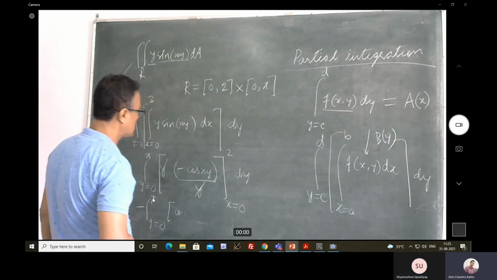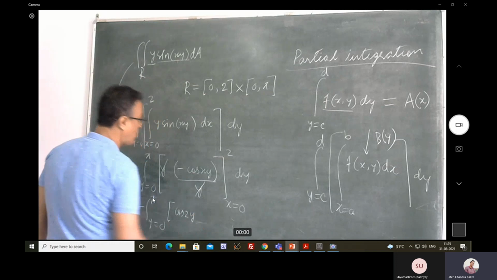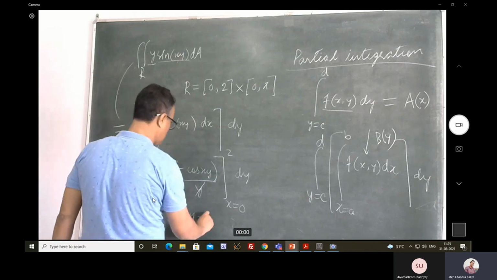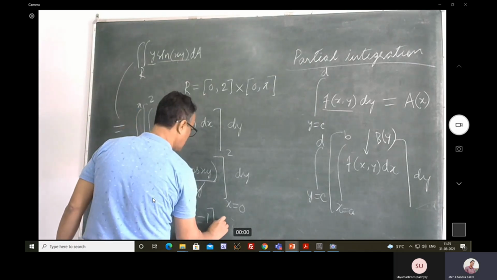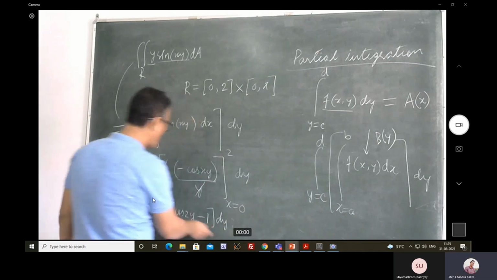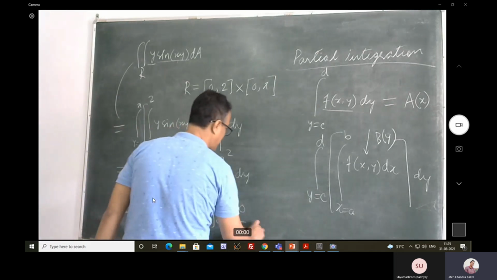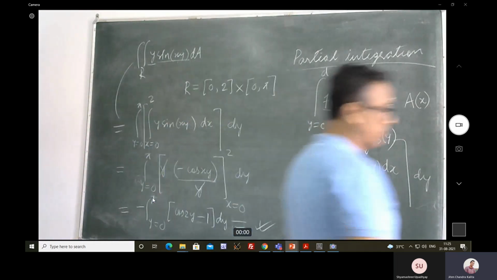So it is going to be minus cos 2y and again cos 0, dy. So you can easily integrate it, and whatever value you get, that is going to be your final answer. So do the next step yourself. I'm just showing you an example.